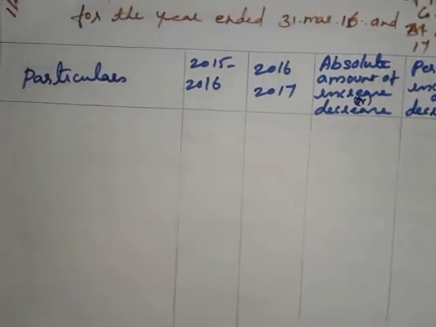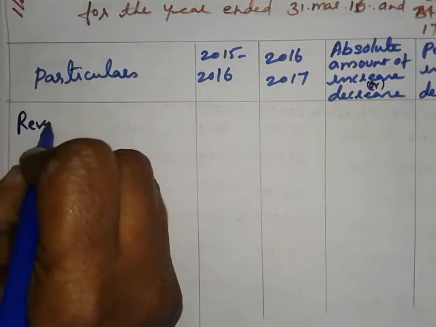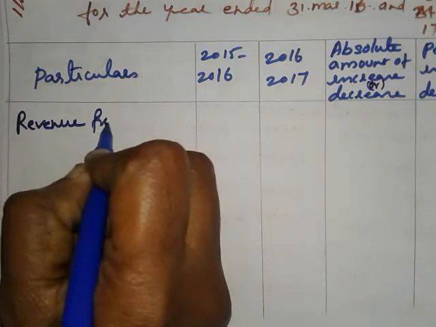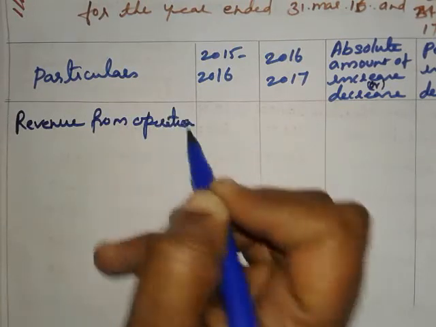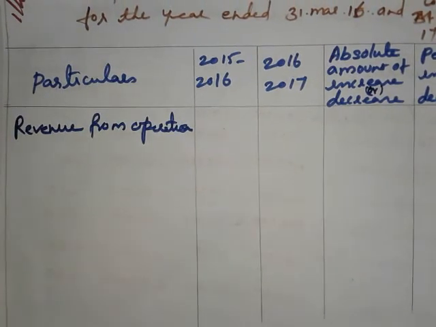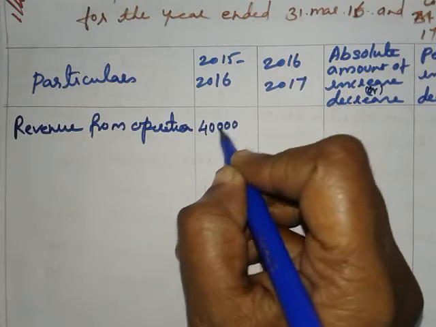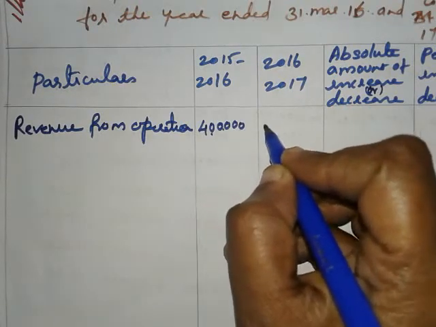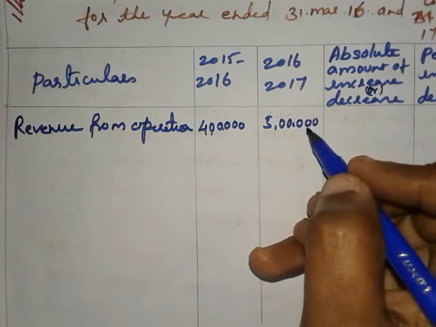Here I am writing revenue from operations. The amount is 4 lakhs and 5 lakhs.